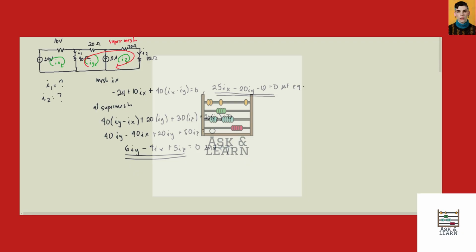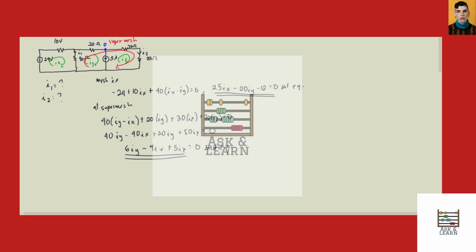Since we have three unknowns, Iy, Iz, and Ix, we need three equations to solve for them. The third equation can be acquired using the junction rule at this node, let's say node 0.